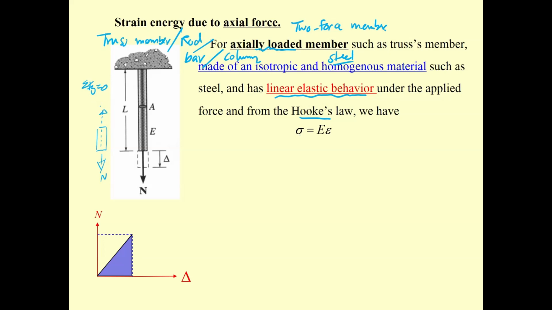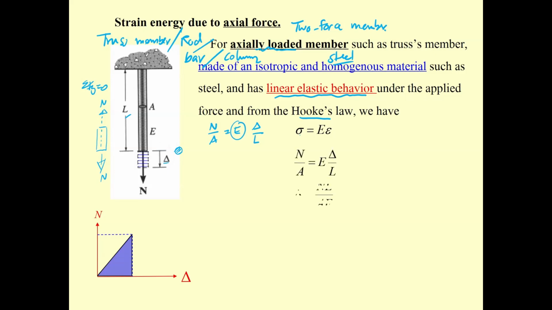The internal force over here is going to be N. So the stress is going to be N divided by the cross-sectional area A. And that is going to be the modulus of elasticity times delta divided by the length L. That's going to be the stress. So you have this equation.